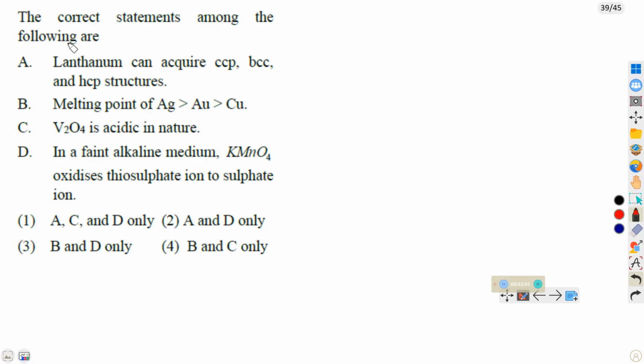The correct statements among the following. Lanthanum can acquire CCP, BCC and HCP structures. Correct. Melting point: silver greater than gold greater than copper. Wrong. Copper greater than gold greater than silver.